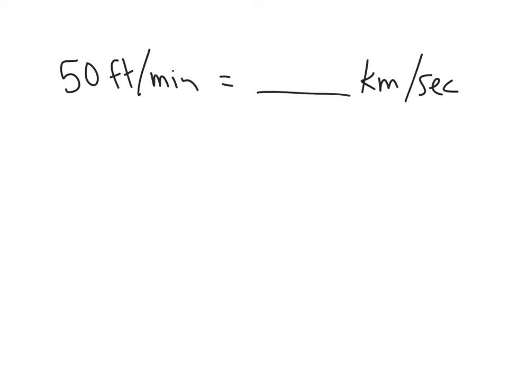Another similar problem, let's say we have feet per minute, we're going to kilometers per second. What's different on this problem is we're actually going to a different system of measurement. So feet is the customary system, we're going to kilometers, which is in the metric system.